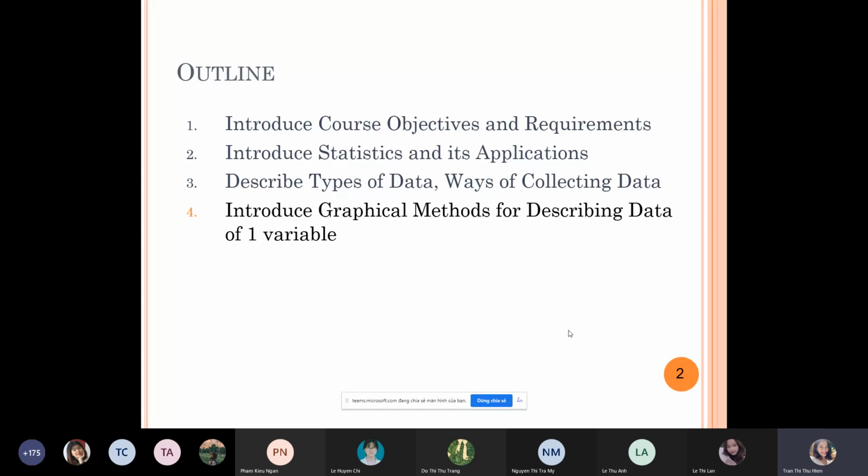For this lecture, I will introduce the course objectives and requirements, introduce statistics and its applications, and number 4 is the main knowledge for the first lecture. You have to describe all types of data, ways of collecting, and we introduce graphical methods for describing data for one variable.